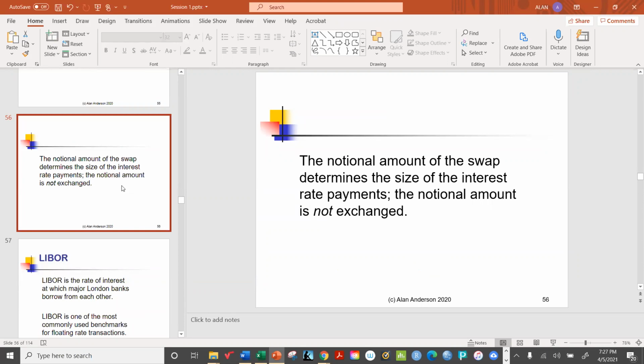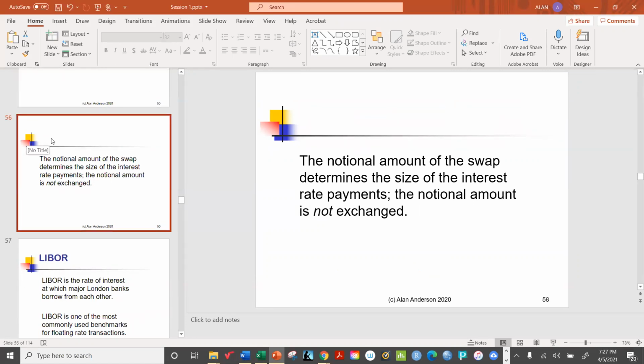This keeps the credit risk down to an absolute minimum. There is credit risk here because this is an over-the-counter product. But in order to keep it as low as possible, we don't trade the notional principal underlying the swap. We only trade the difference in the interest rate payments. So you'll see what that means in a minute.